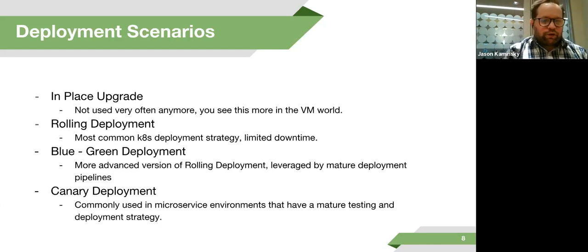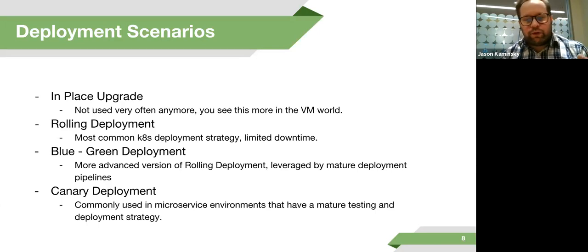So I'm going to start at the old days back in the VM world, where you have your applications deployed on VMs. You don't really have a whole lot of flexibility. You're typically using what we would call an in-place upgrade. You have something like Jenkins or GitLab pushing out your binaries or your app code to all the nodes, potentially throwing up a gone fishing page until the application is fully rolled out.